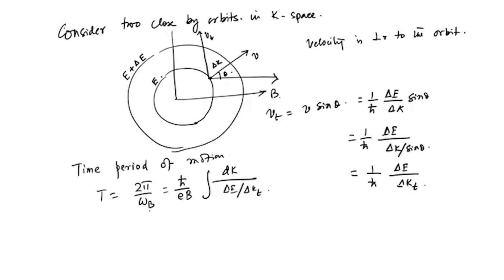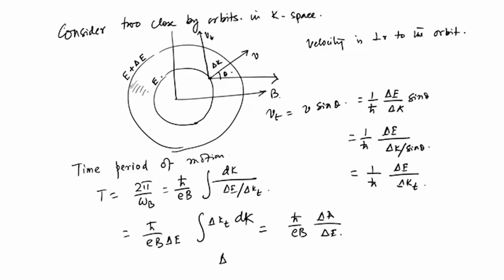That is the time period, and if you do it carefully, it becomes h cross by E b, delta E and delta k t dk, and this is equal to h cross by E b delta A by delta E.